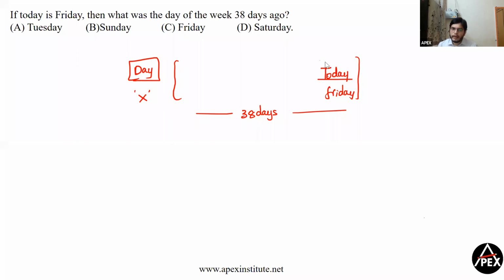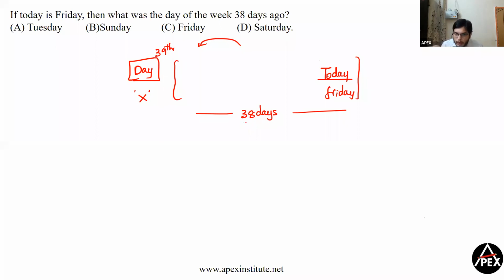We have 38 complete days. It's not the 38th day from today, it is 38 days before. So in this question we have 38 complete days, and this day is nothing but the 39th day before today.